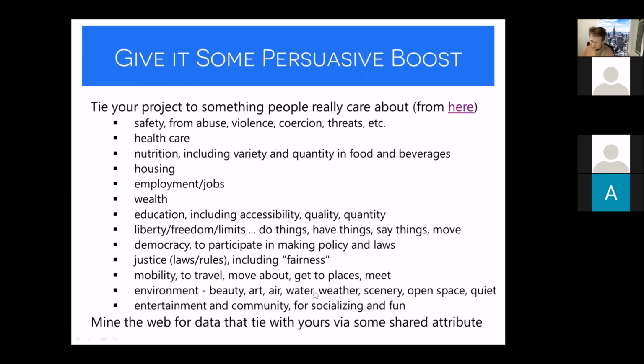So try to get some data. Maybe you find another thing that people care about, but these are the things I found that resonate with people, where you create something people can connect with, in these kinds of dimensions.